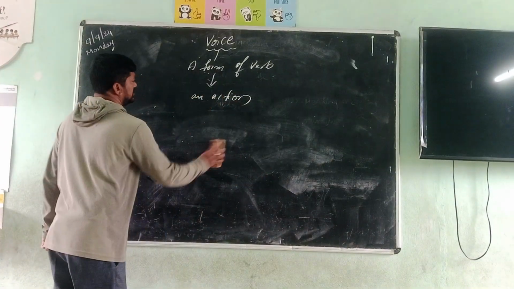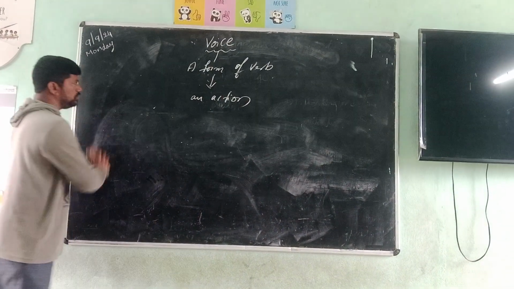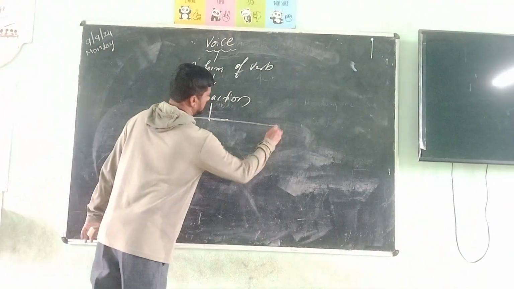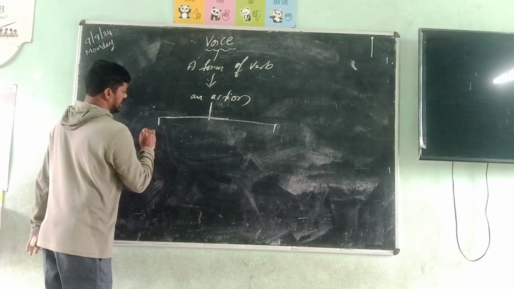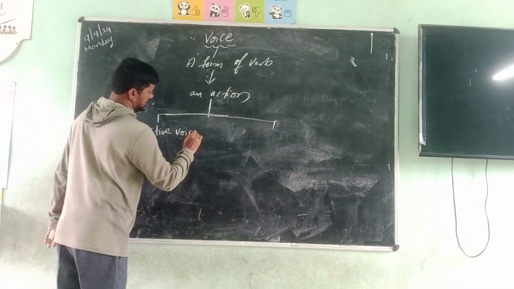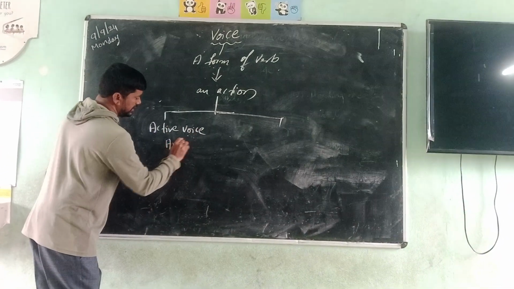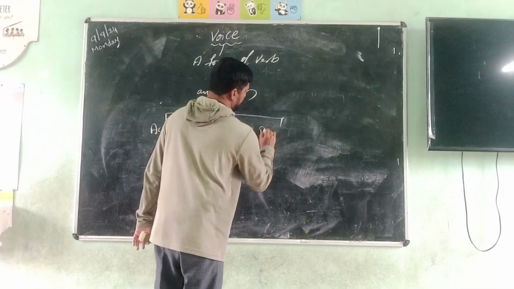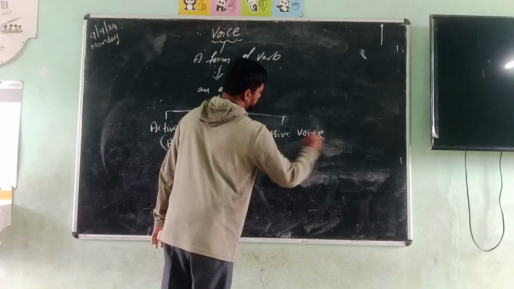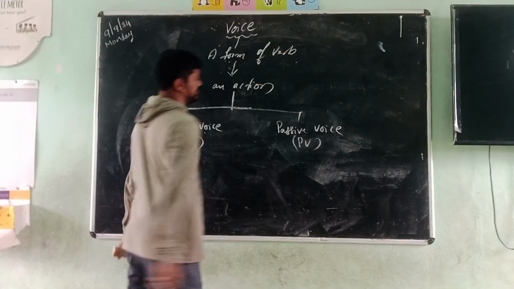How can we change a sentence from AV to PV? Here, voice is of two types: active voice, which is shortly known as AV, and passive voice, which is shortly known as PV.